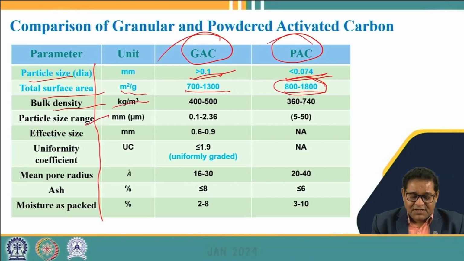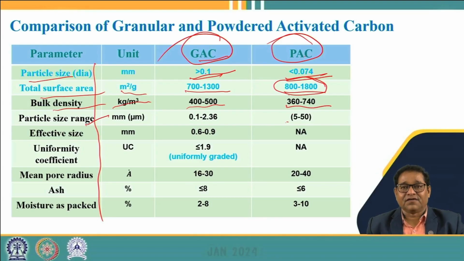Similarly, here we can see the bulk density, that is 400 to 500 kg per meter cube in the case of granular activated carbon, whereas it is 360 to 740 in the case of powder activated carbon. This is a typical example of the various characteristics of granular and powder activated carbon, which is normally used in industry for removal of various pollutants using the adsorption process.